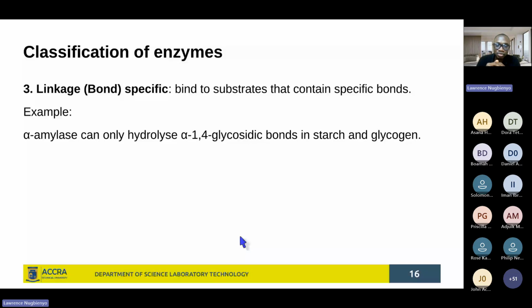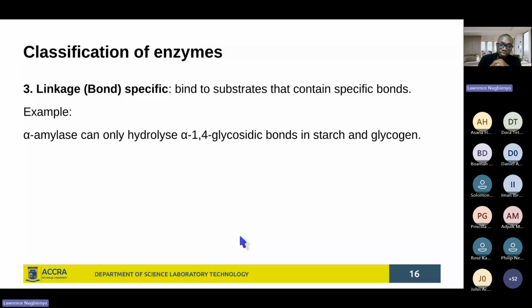And you saw that on the anomeric carbon, carbon number 1 of the monosaccharides, you can have rotation of the groups, that is the hydrogen and the hydroxyl group. When you have the hydroxyl group pointing downwards, you have an alpha configuration of the monosaccharide. If you have the hydroxyl group pointing upwards, you have the beta configuration.